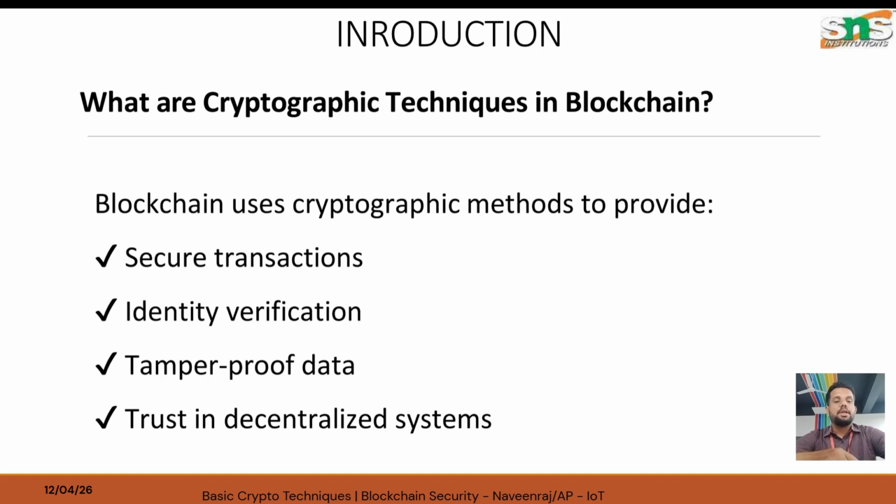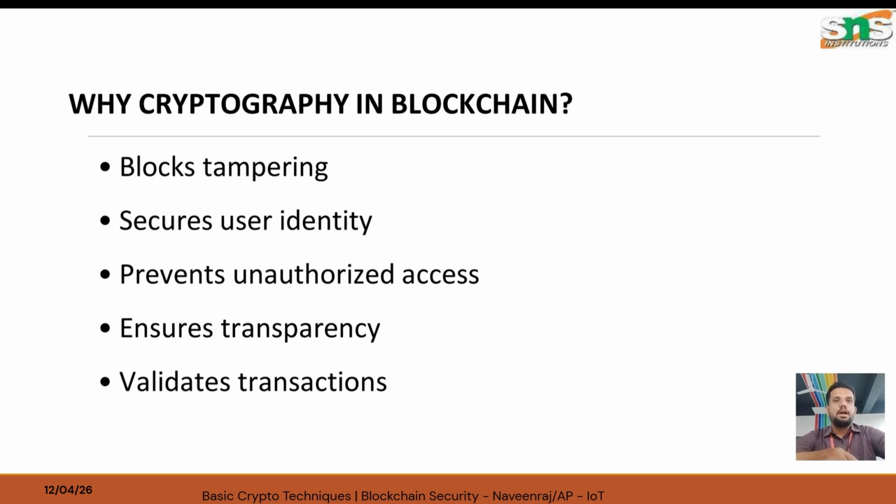Then coming to the detailed cryptographic techniques, such as the hash function. A hash function converts input, whatever data it receives, into a fixed length output. The basic properties of hash functions are deterministic, fast computation, collision resistant, and avalanche effect.